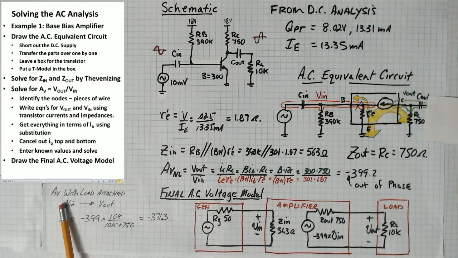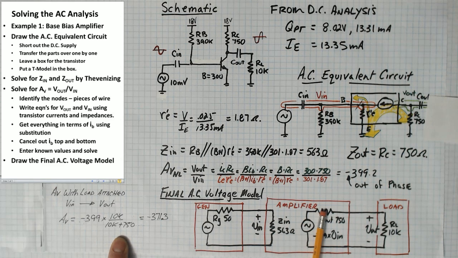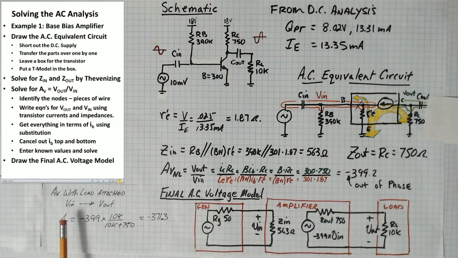So the gain with the load attached from V in to V out, if I put a volt here, that would be 400 times bigger appearing across here, but then I'd have an attenuation of 10K over 10.75K. So if I put 1 volt here, I would get an output voltage of minus 371. So the gain with the load attached from V in to V out is minus 371.